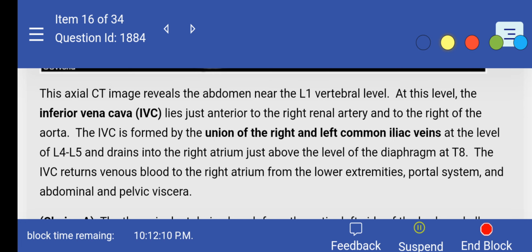The inferior vena cava is formed by the union of the right and left common iliac veins at the level of L4, L5 and drains into the right atrium just above the diaphragm at T8. The inferior vena cava returns venous blood to the right atrium from the lower extremities, portal system, abdominal and pelvic viscera. So these things are important: lower extremities, portal system, abdominal and pelvic viscera.